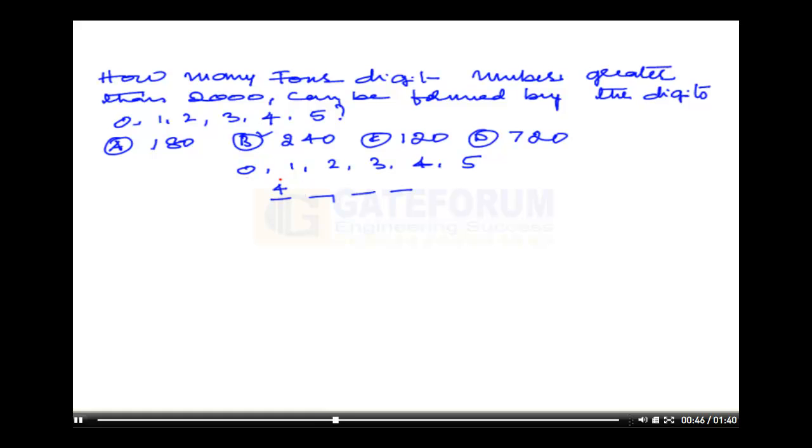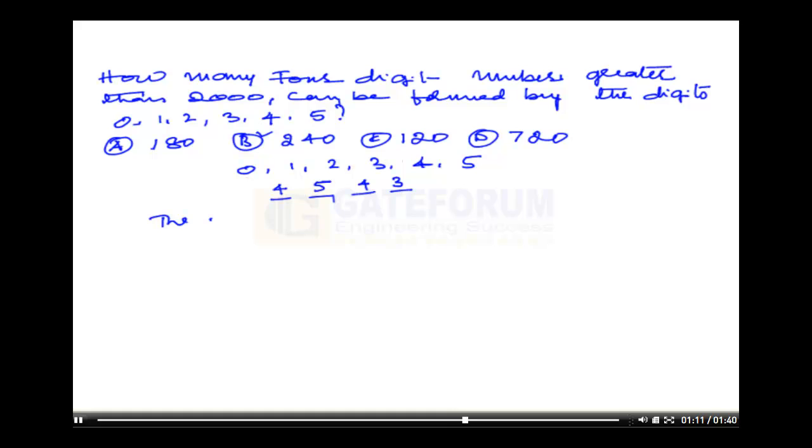Again, in 100th place, any one of the 6. Once you fill, we still have 5 numbers, any one of the 5 numbers can be filled in the 10th place. Again, any one of the remaining 4. Again, 3 ways of filling the unit digit place.